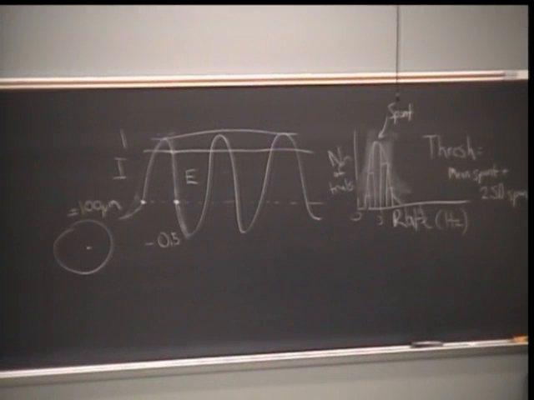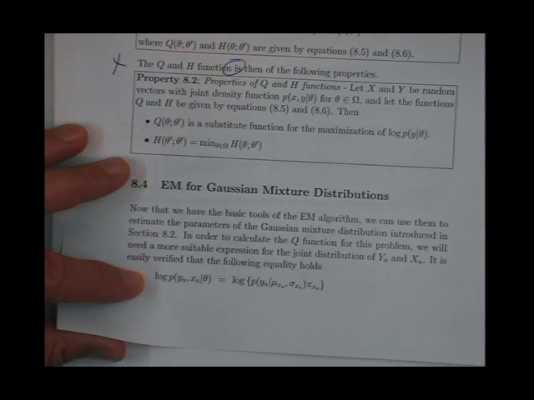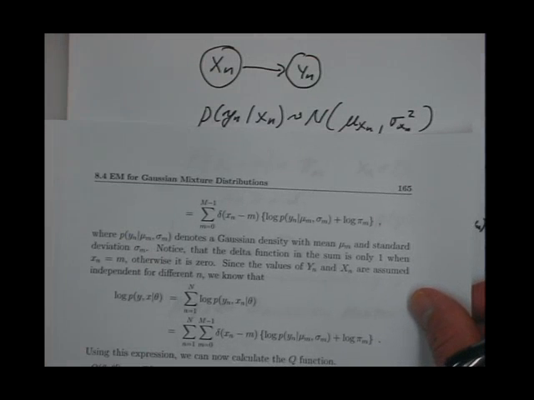Okay. So now I'm going to go through the equations here. This is just the joint distribution of y and x. So if we had both y and x, this would be the joint distribution. The problem is we're missing x. So we can sum, this is actually sort of a clever way.